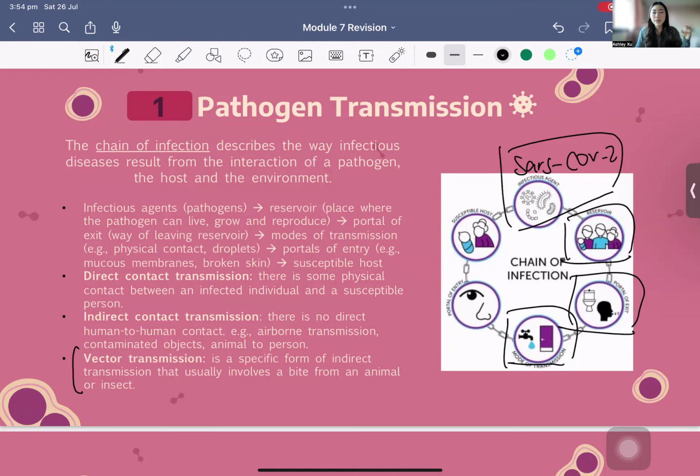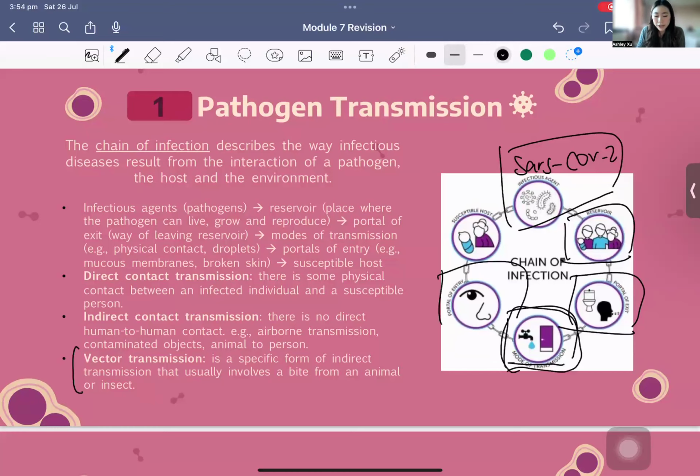Okay, but if the person sneezes into the air, the viral particles remain suspended in the air, and then later on, let's say 30 minutes later, someone comes and breathes in those air particles. That is known as indirect contact. Because was there contact between the infected and the non-infected person? No, right? It was only the air particles. So that is known as indirect contact.